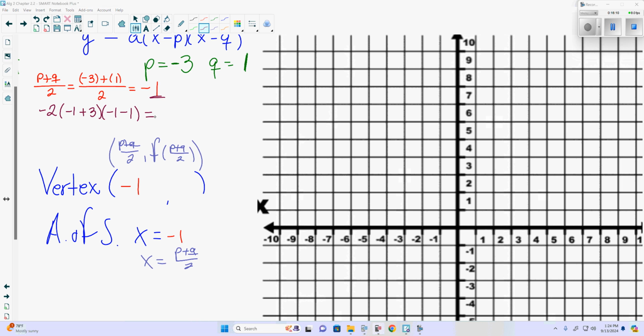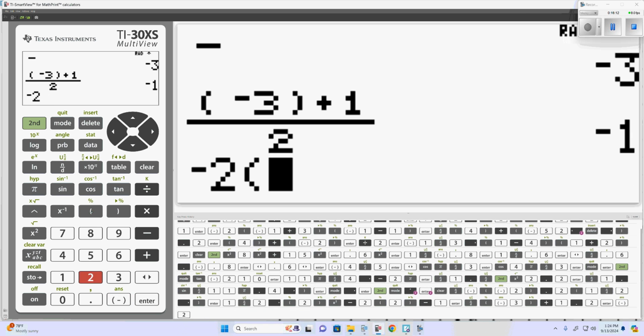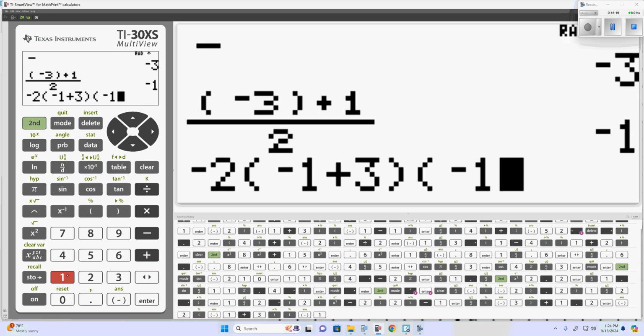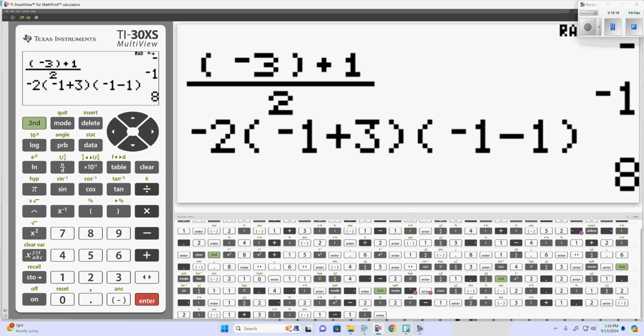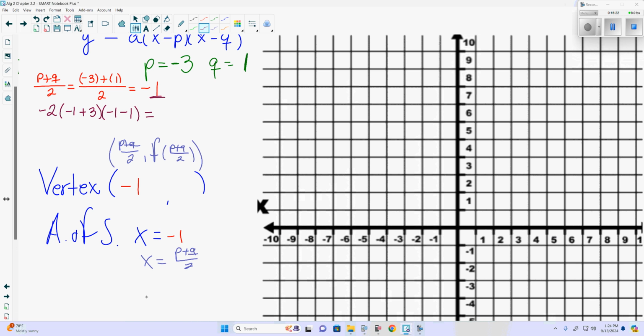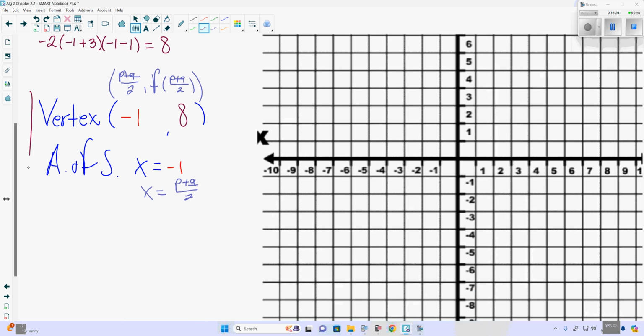Both work just fine. And here we get negative 8. So with that, we do have the vertex and axis of symmetry.